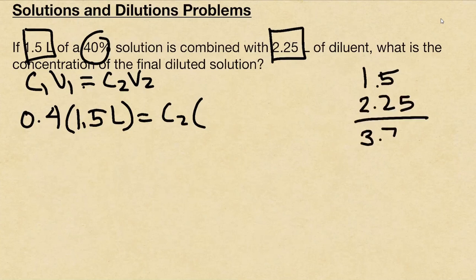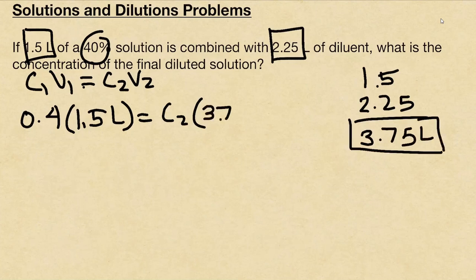So you're going to end up with 3.75 liters. So that's what I'm going to plug into here. So some of the problems, they're actually going to expect you to kind of find the numbers yourself within the problem. So now we're back to where we originally started, you know how to do it this way, just math it out.